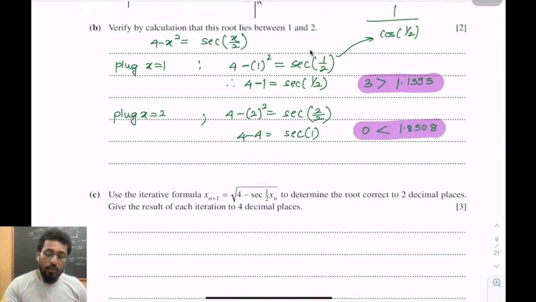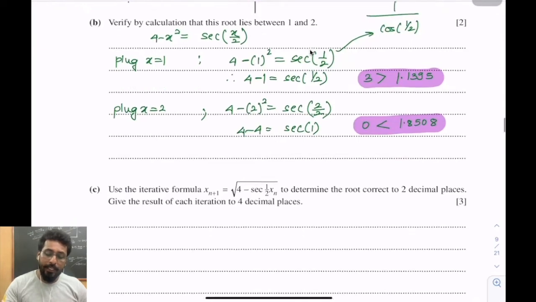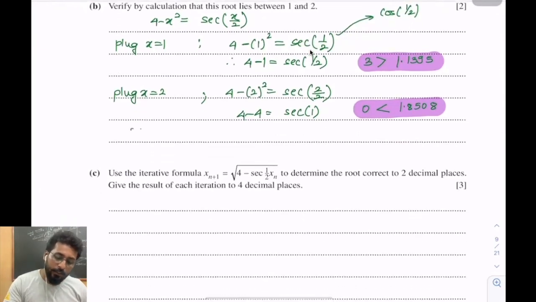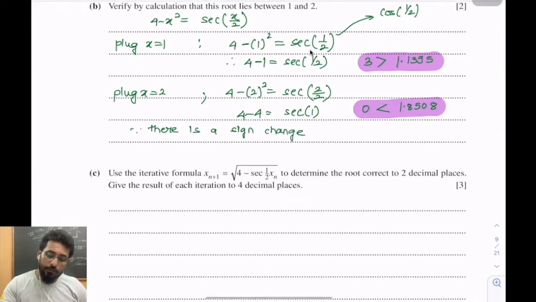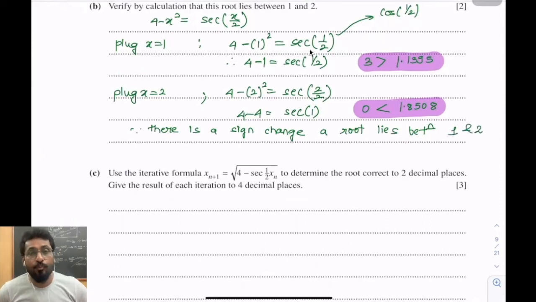So here, since there is a sign change, a root lies between 1 and 2. Right, students? So we have proved this.